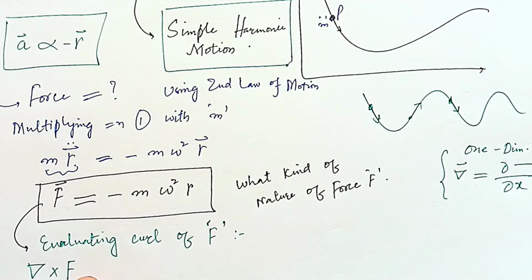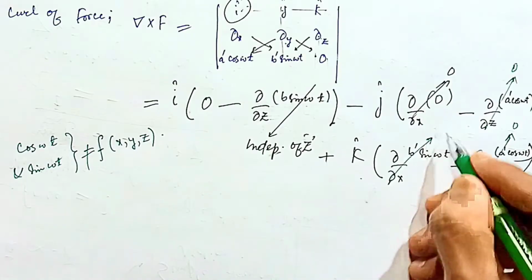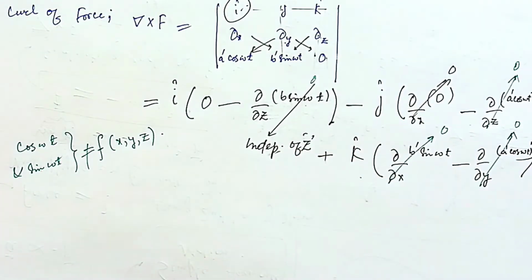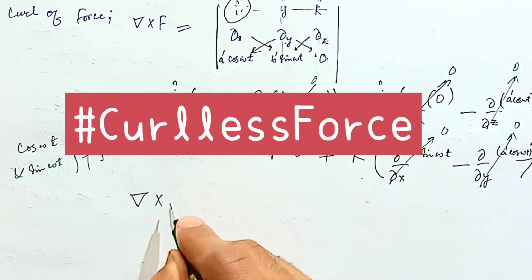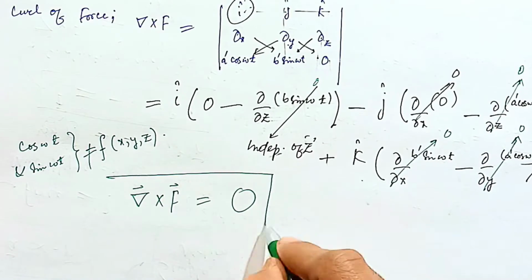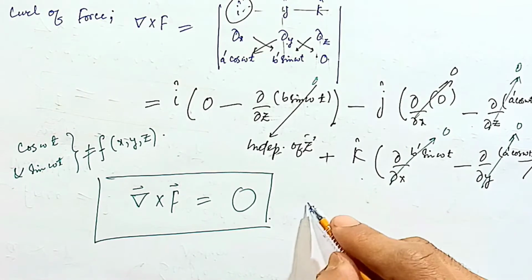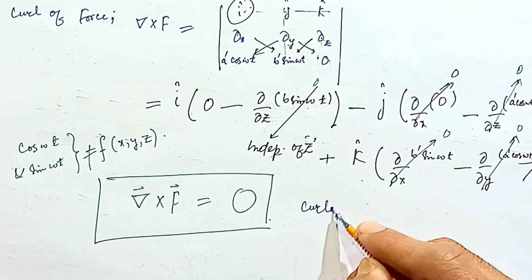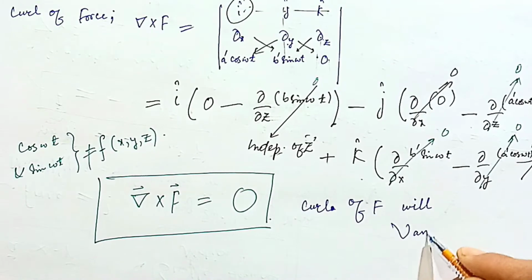And here, for example, we have a three-dimensional case, and the curl in three dimensions will be 0, and this will also be 0. So that means the whole curl of the force will vanish.